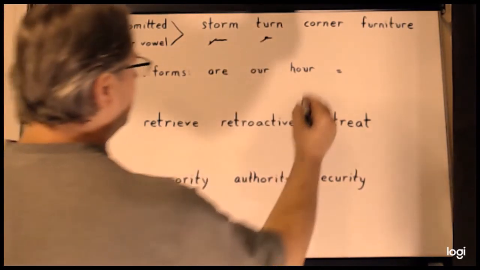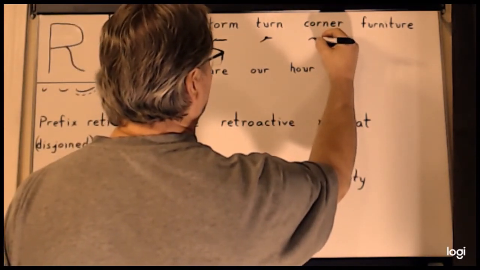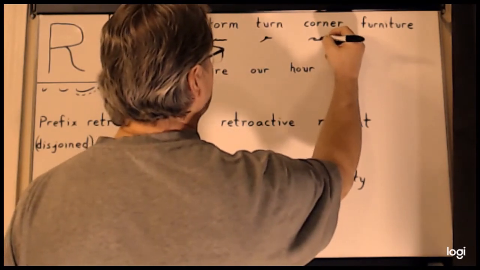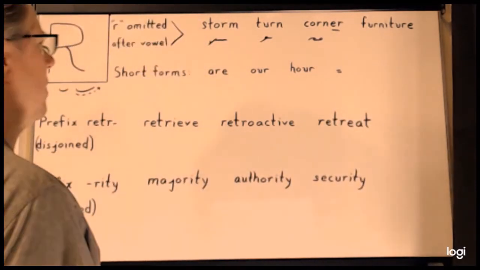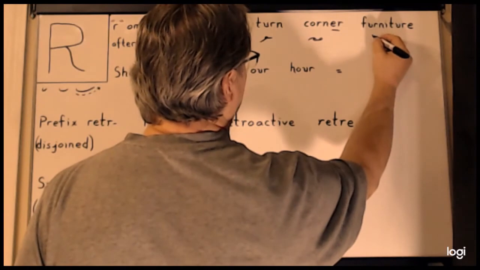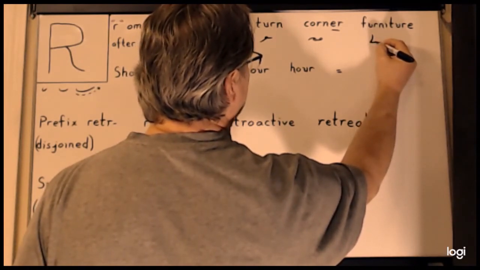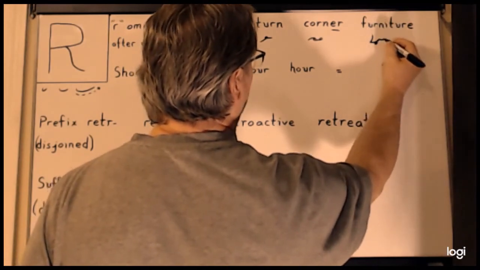For the word corner, we're going to write K-O on its side, N, and the reverse E over here to represent the ER. The word furniture, we're just going to write the letter F, and then the letter N, and then I-T-R.